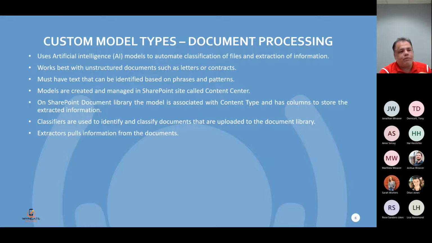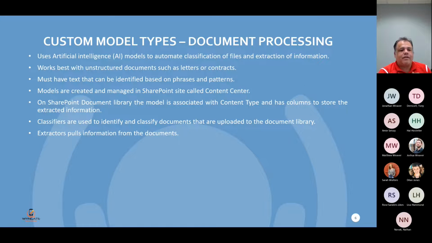In a law firm or in a legal scenario, if there are lawsuits filed, you might have a plaintiff and a defendant. So you need to capture who the plaintiff is and who the defendant is and put it in appropriate fields. So you need to specify, okay, this is the information I need to track. But in order to train the system, you need to specify where I can find this information.